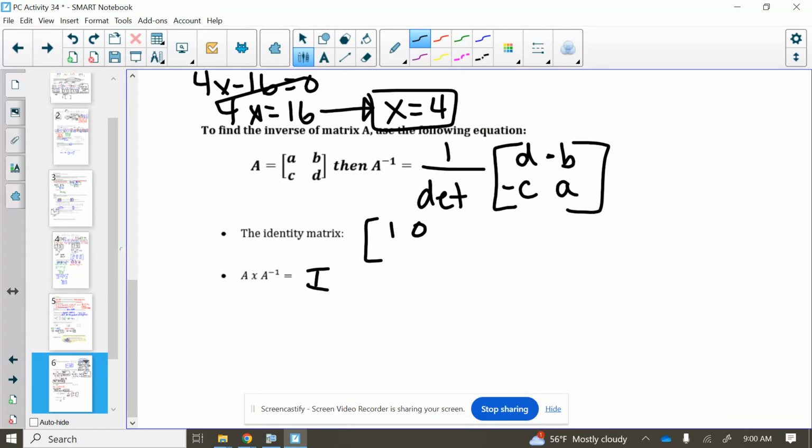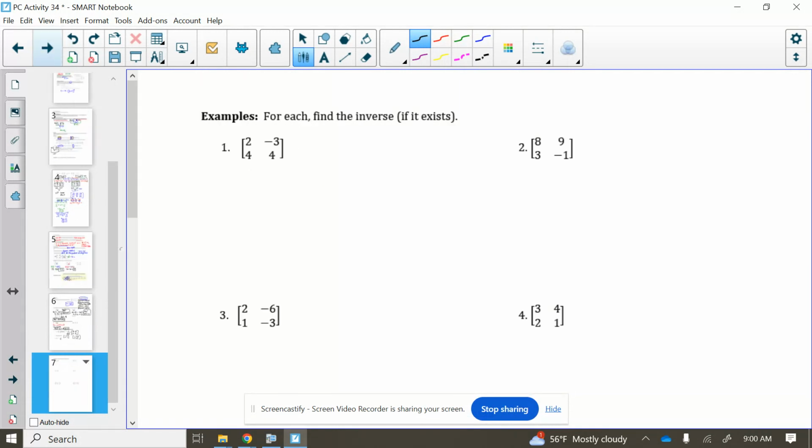For a 2 by 2, the resulting product would be this. Or for a 3 by 3 we talked about, it's when these 1s are all along the diagonal. That's how you know something is an inverse: when you multiply, you get the identity matrix.